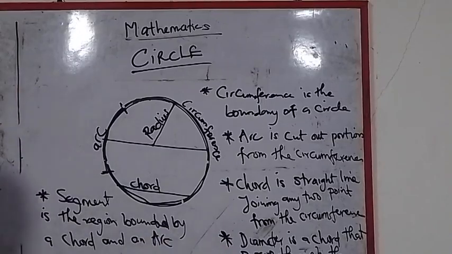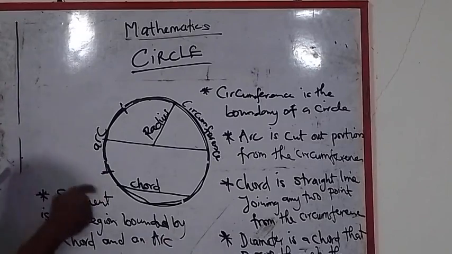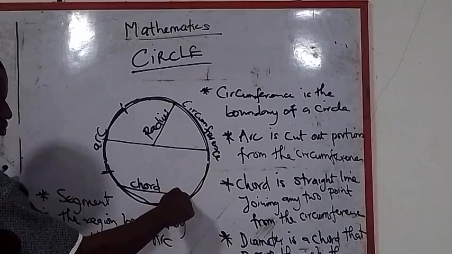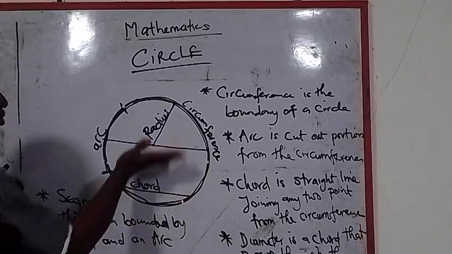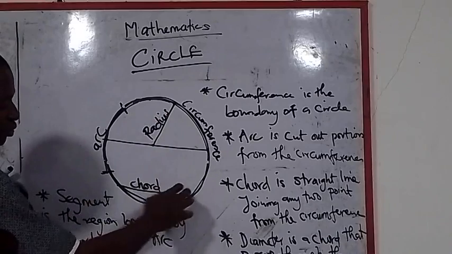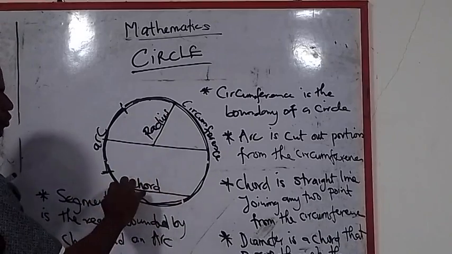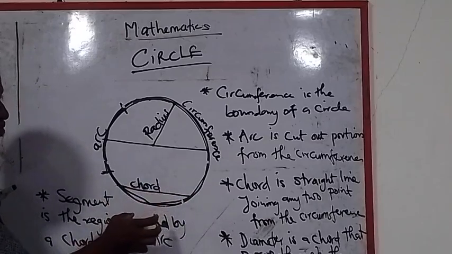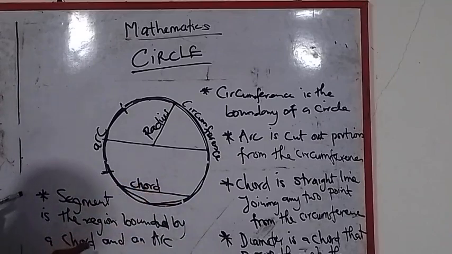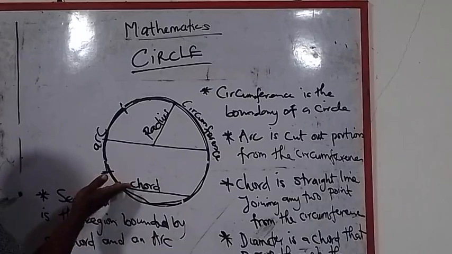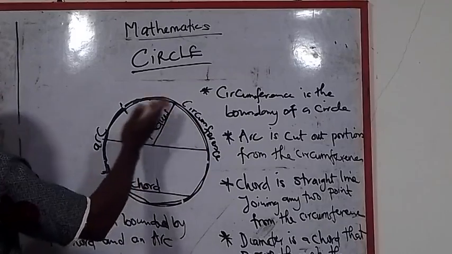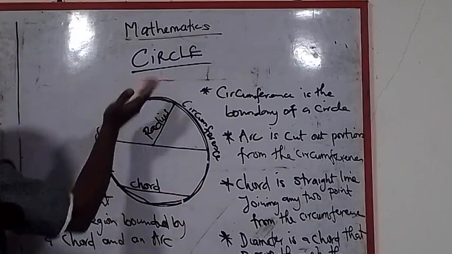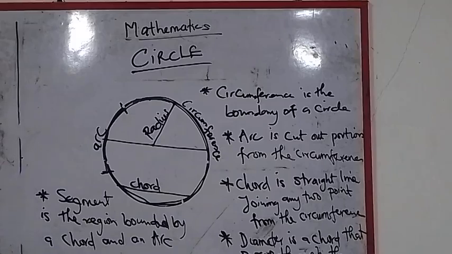This is a chord; the region, the area, bounded by the chord and an arc is the minor segment. The region bounded by a chord and an arc. This is a chord, this is a bigger arc, and you can see the major segment. So segment is actually the region bounded by a chord and an arc.